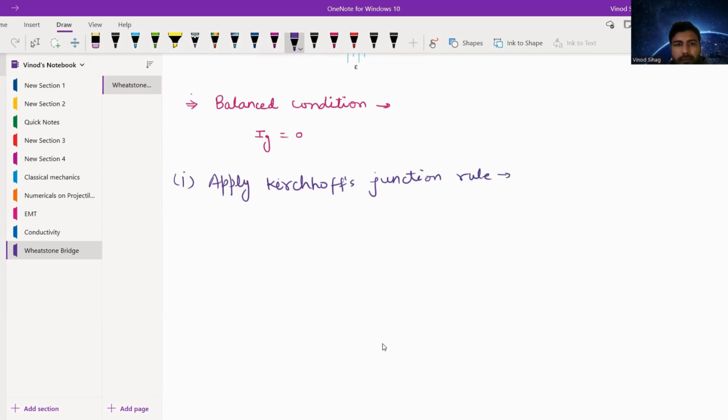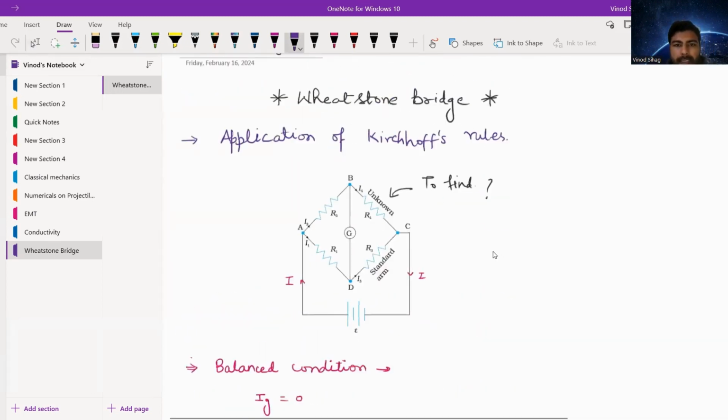So first of all, we will apply the junction rule at junction B. At this junction B, we are going to apply the junction rule.